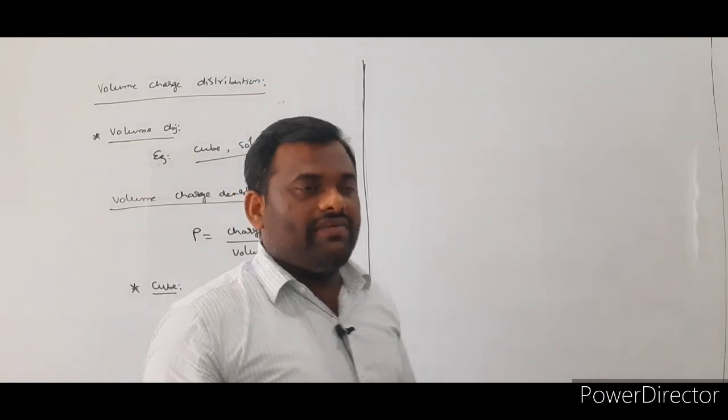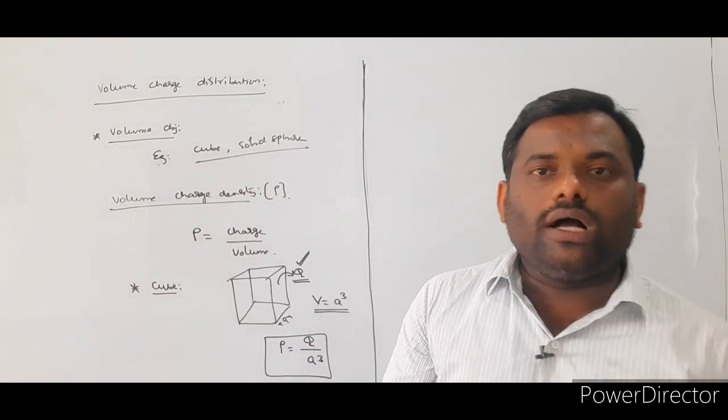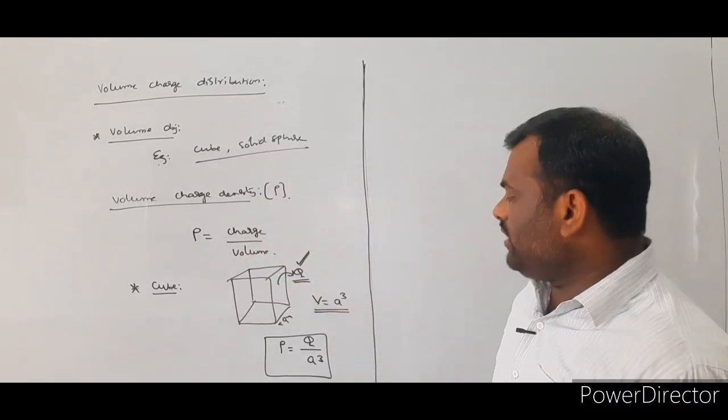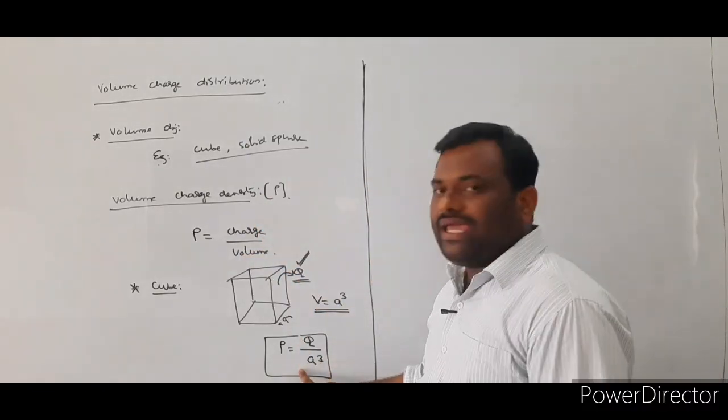Like that, for a given volume object, the volume charge density is defined by charge per unit volume, rho is equal to Q by a cube.